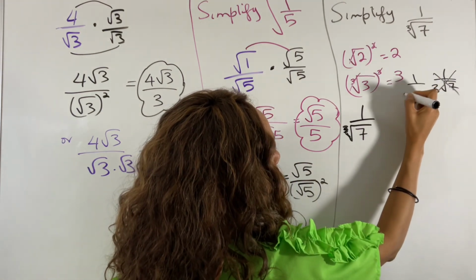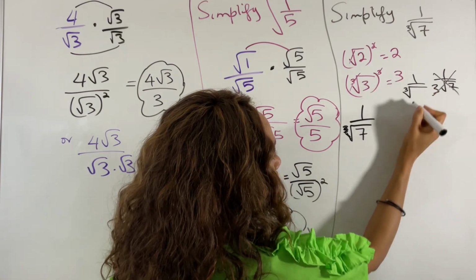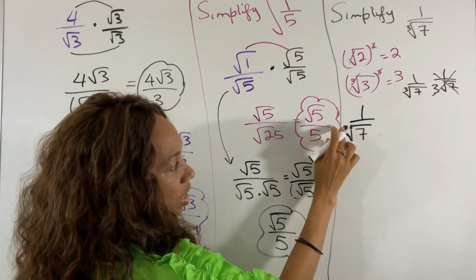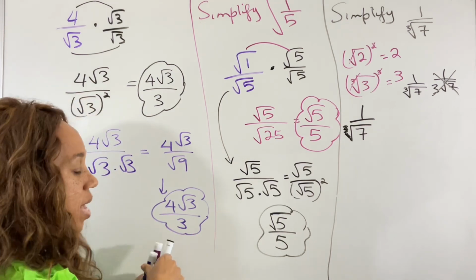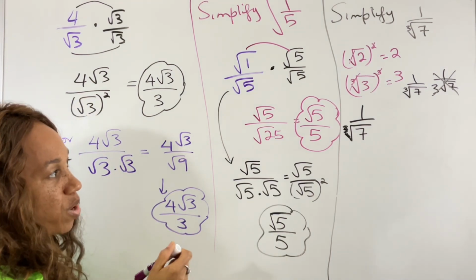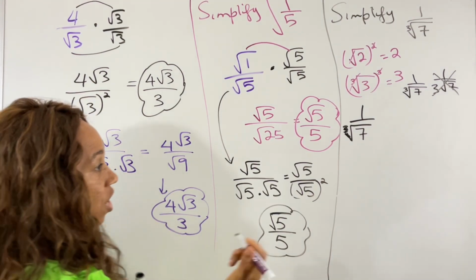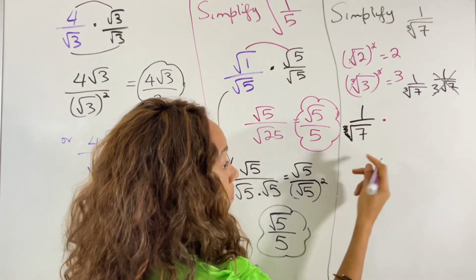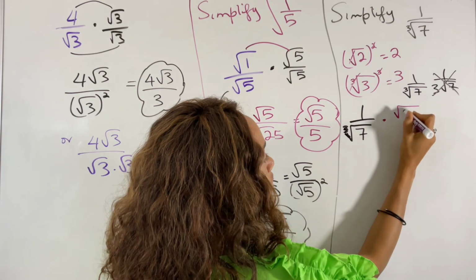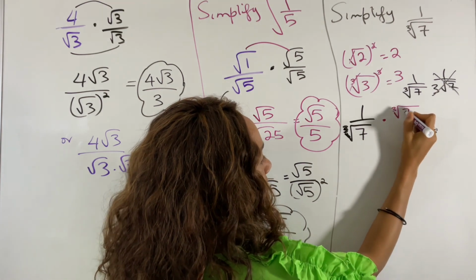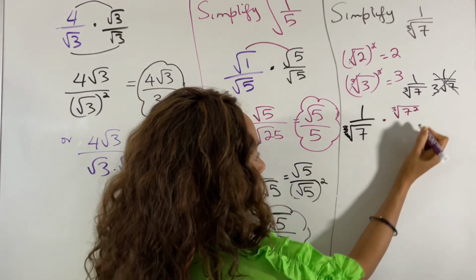It's 1 over, index is 3, and the 7 is there. Because we're dealing with the cube root of 7, when we are rationalizing the denominator, we have to multiply this not simply by the cube root of 7, but we must raise it to the second power.